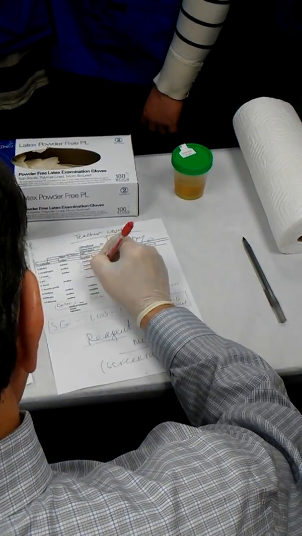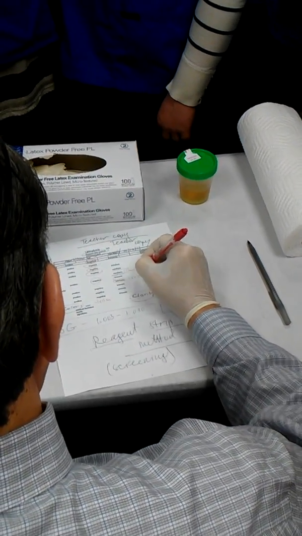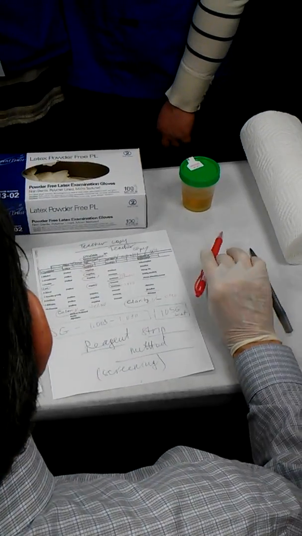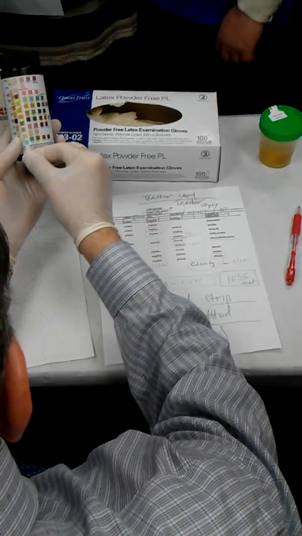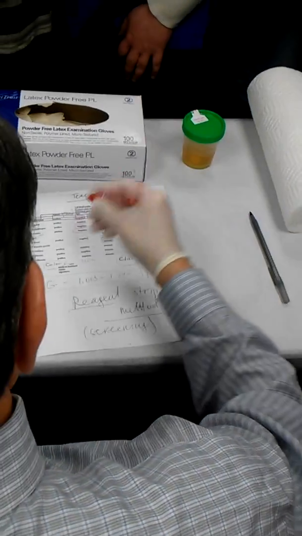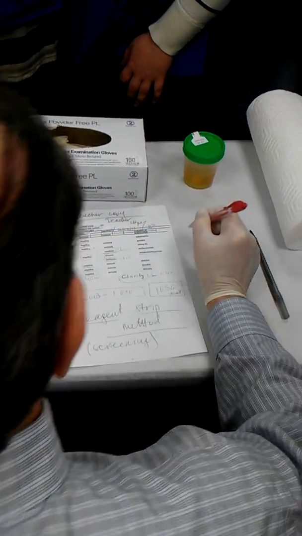Blood is negative, specific gravity 0.25, and it's normal. You see? Now ketones. Of course, ketones should be negative. Okay, it's negative. Now bilirubin. Of course, it's negative because bilirubin is a sign of jaundice. And finally, glucose, it's negative. So you write ketones negative, bilirubin negative, glucose negative.